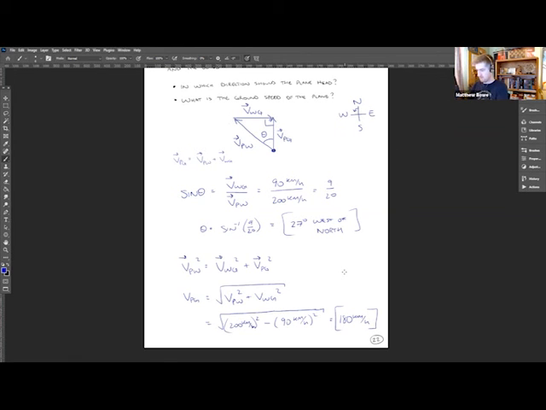And the last little bit I want to go over today is just acceleration vectors. It is pretty much the same as we've done before. So let's pull that up.